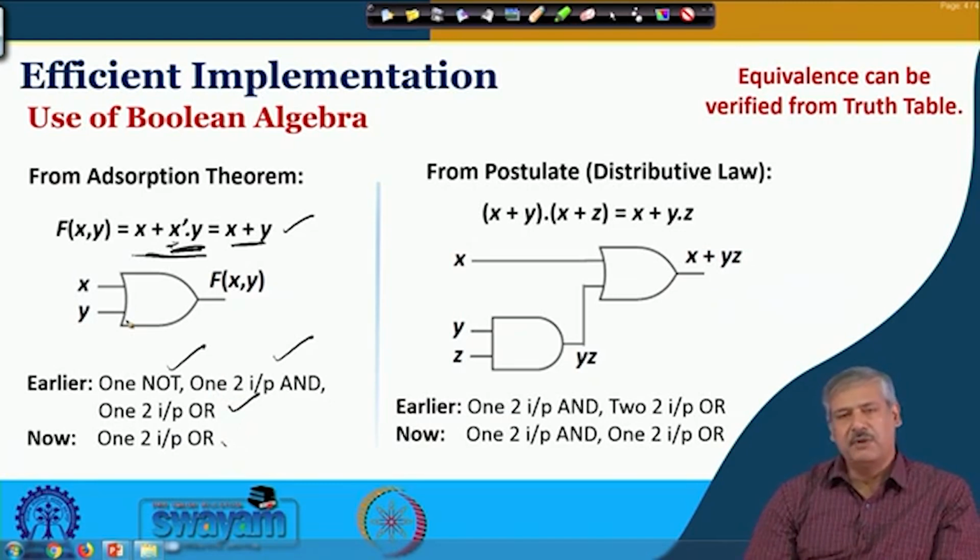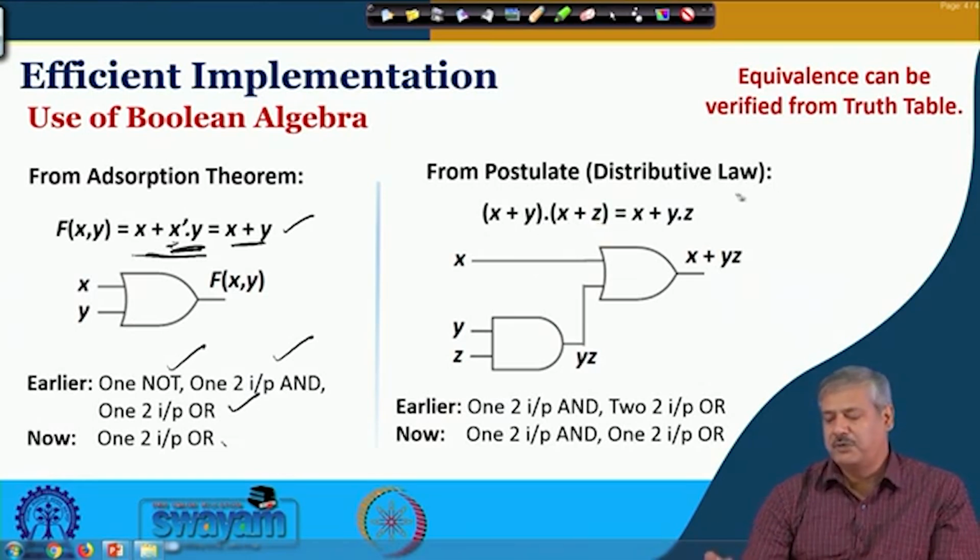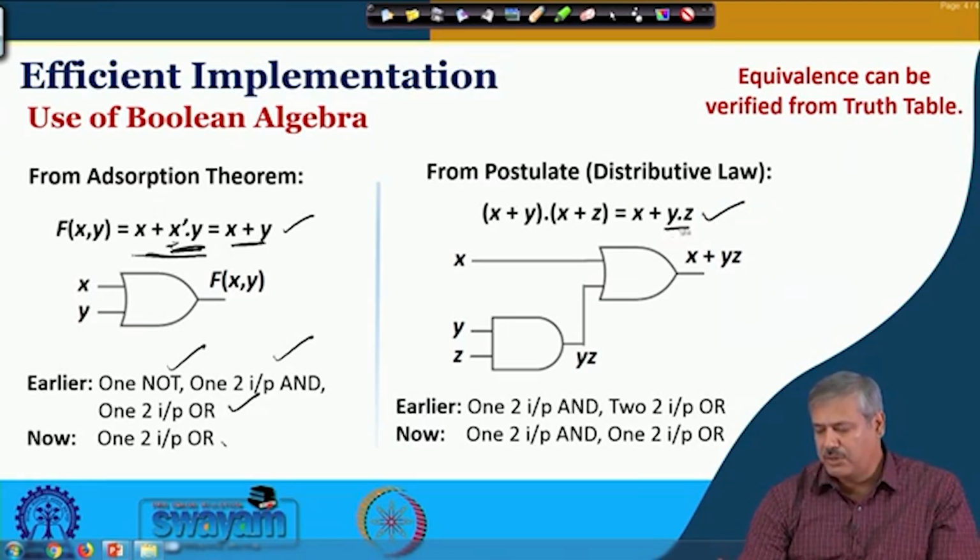And in the other example, x plus y ANDed with x plus z, from the distributive law, the basic postulate, we know that this is x plus y z. If we want to implement it, we need one 2 input AND gate over here to realize y z as you have seen, and one 2 input OR gate to realize x plus y z.